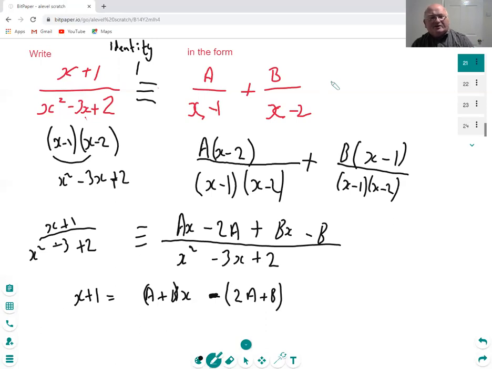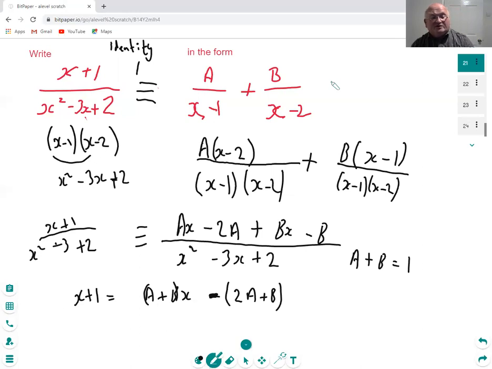Okay, so now we compare the two parts, and we find that the coefficient, which is the number in front of the letter in these equations, the coefficient of x is 1 on this side, so it must be 1 on this side. So we find that a plus b equals 1.